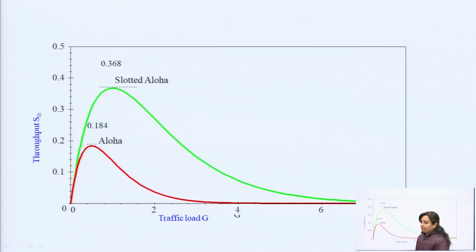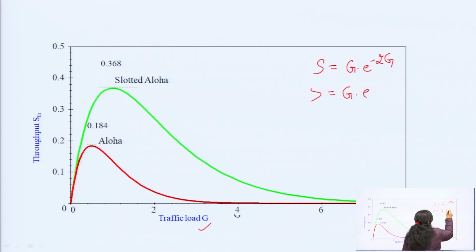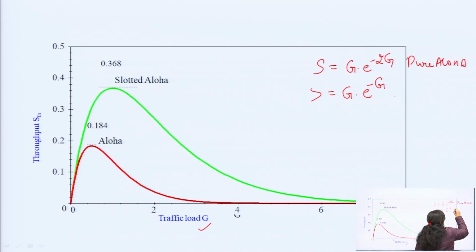Now, this is the graph which has been drawn between throughput S and traffic load G, which means S is equal to G into e to the power minus 2G for pure Aloha, and S is equal to G into e to the power minus G for slotted Aloha.